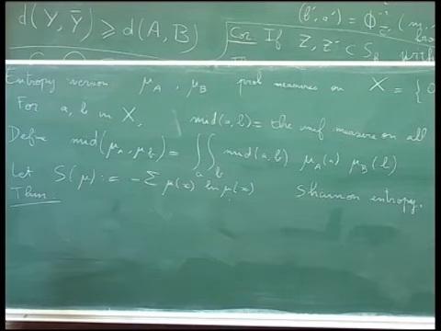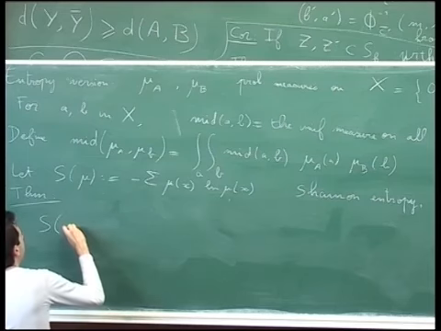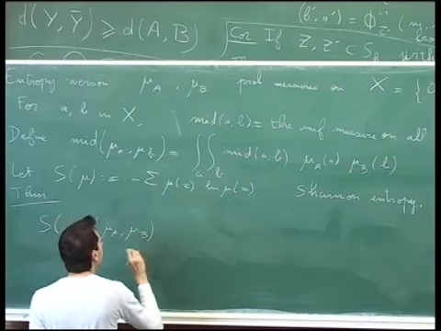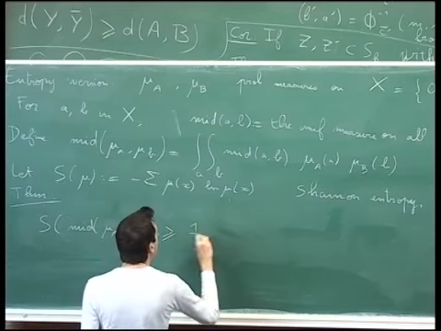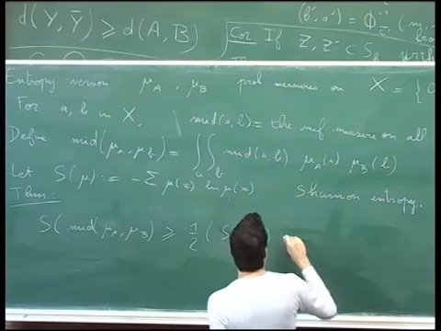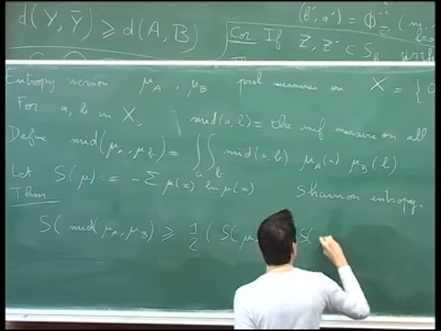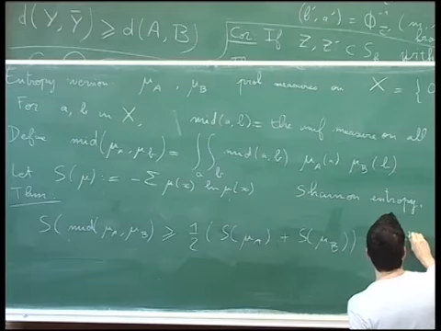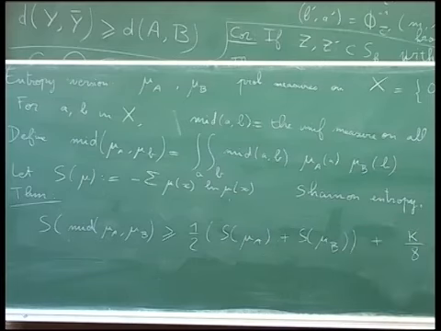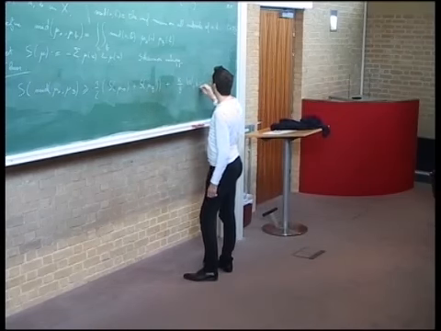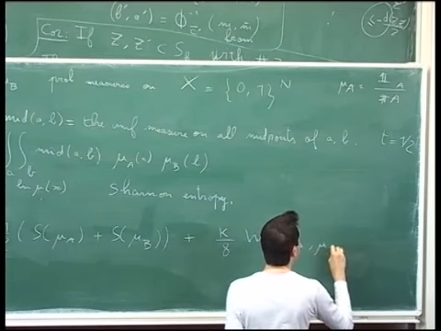Then the theorem is that the entropy of the set of midpoints of mu A and mu B is at least the average of the entropies of mu A and of mu B, plus k over 8 times, and this time you get an improved inequality with the transportation distance W1 between mu A and mu B squared.